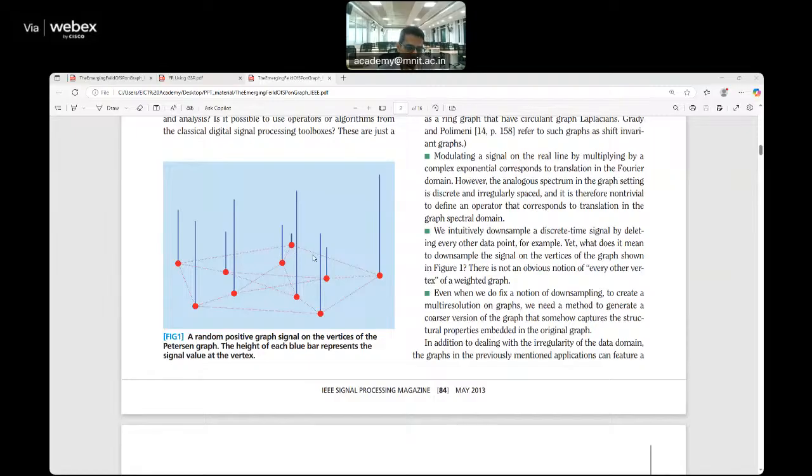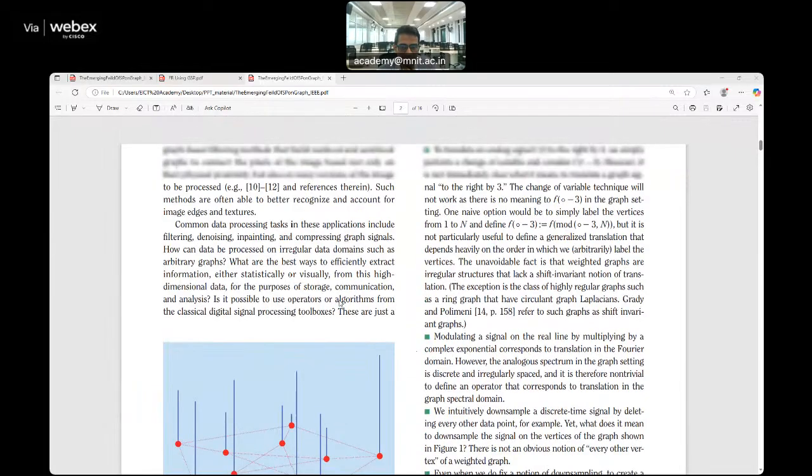This is basically a star-like structure where the red marks are the nodes, the vertices, and the blue ones are the values, and all are connected.